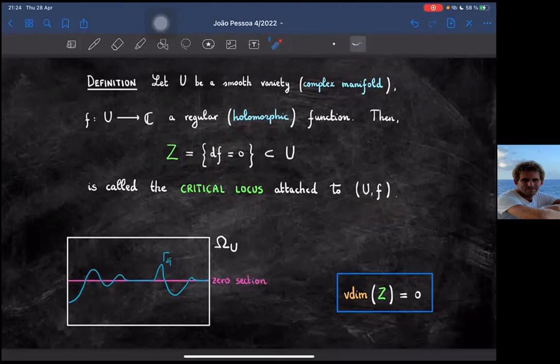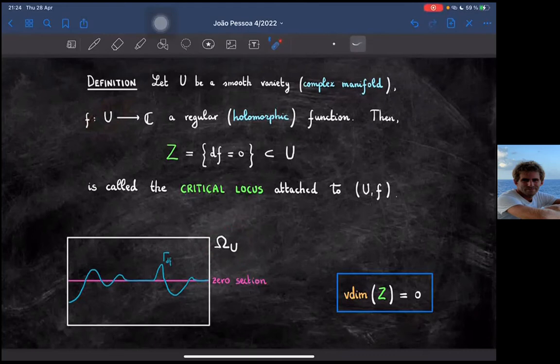So my point is that this is the prototypical example of something which has virtual dimension 0. So something that we should be able to count. And why is it virtual dimension 0? Well, here is a very naive picture, but imagine the cotangent bundle. So this is a manifold of dimension twice the dimension of the manifold U we started with.